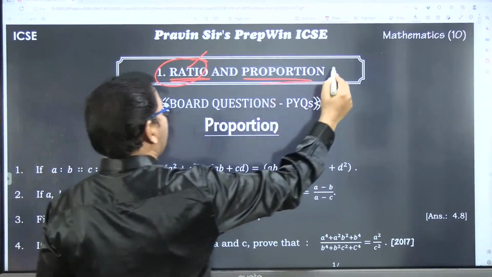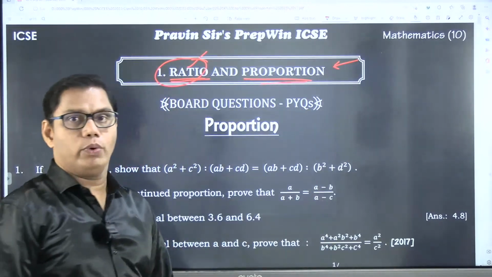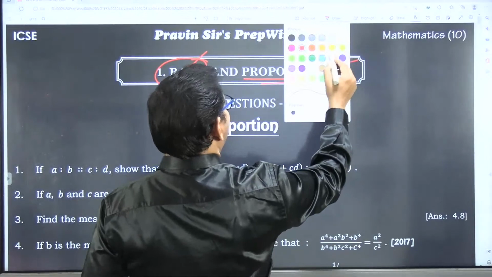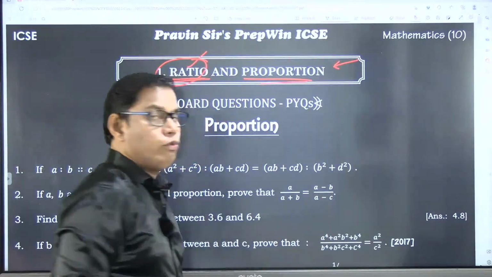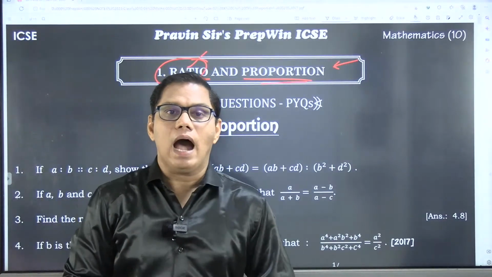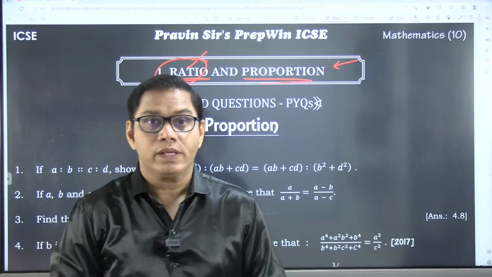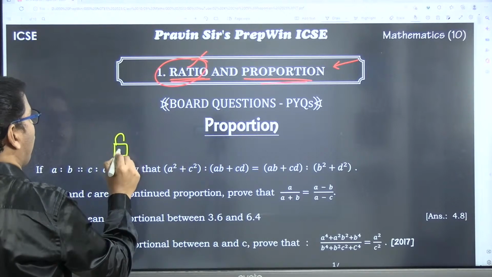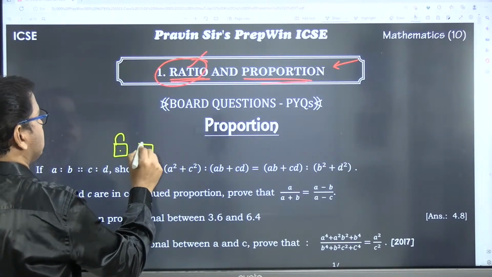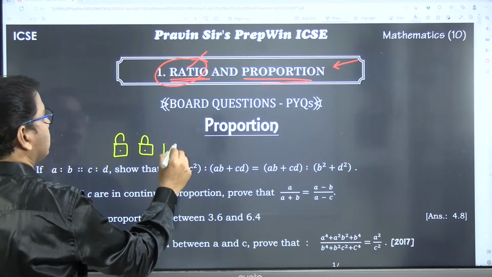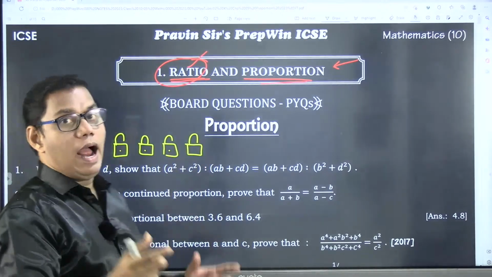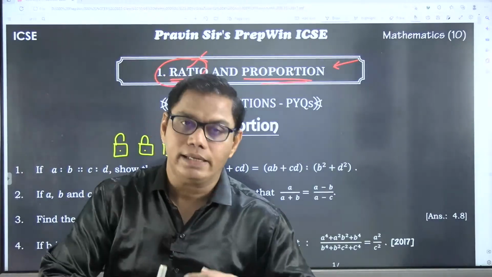Today we are about to do this part, proportion. Now I have seen that some students find this proportion part very difficult, but I'll give you a master key. Suppose there are 10 locks and 10 keys to open these locks, and you have a bunch of 10 keys.